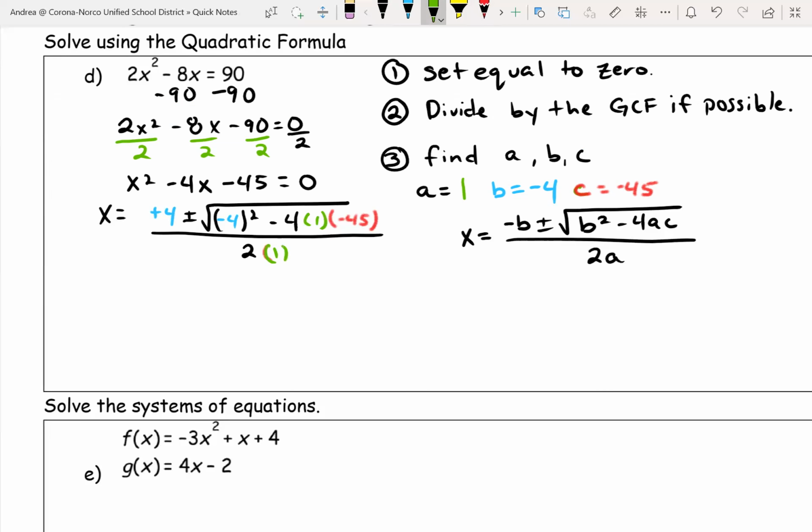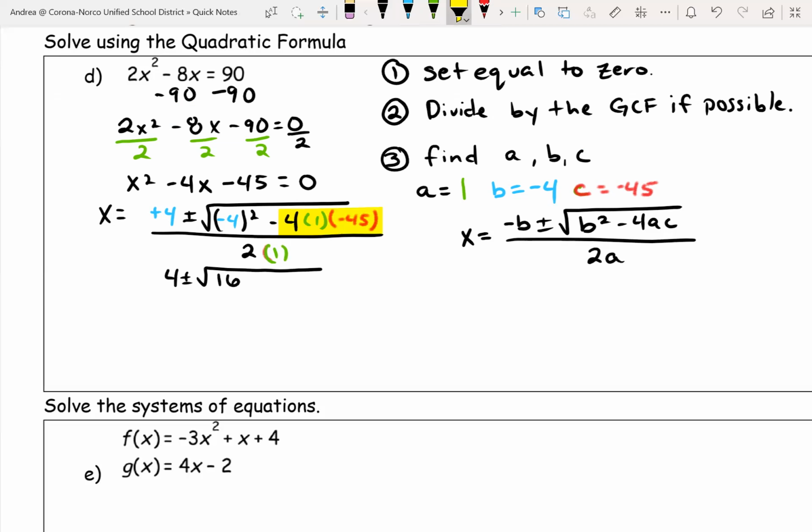Any questions over that? Okay, so from there, we have 4 plus or minus the square root. Negative 4 squared is 16. This is the spot where we're going to make some mistakes. This is all multiplication.